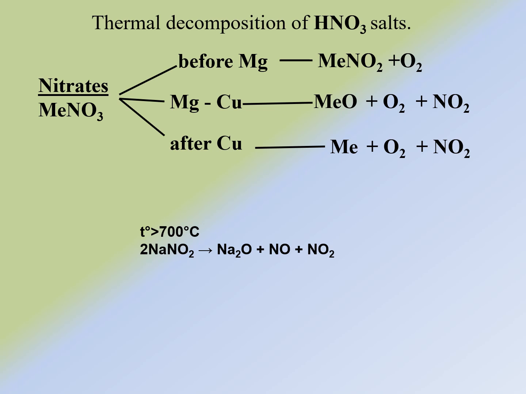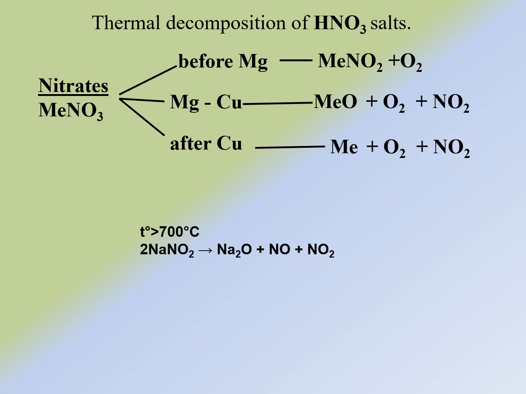If a metal is situated between magnesium and copper, including magnesium and copper, then the nitrate will be decomposed into metal oxide, oxygen, and nitrogen dioxide. And if the metal is very, very noble, I mean it's situated after copper, like silver, then the nitrate decomposition will give us a pure metal, oxygen and NO2.